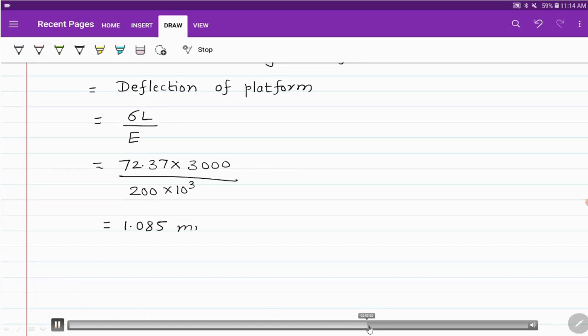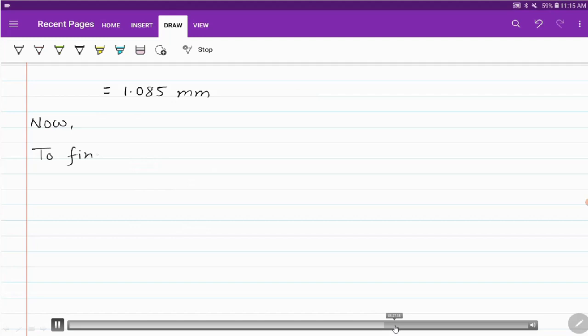So that value comes out to be 1.085 mm. Again see the units: stress is in Newton per mm square, length is in mm, and capital E is 200 into 10 raised to 3 Newton per mm square. So the total unit of this particular term is 1.085 mm.